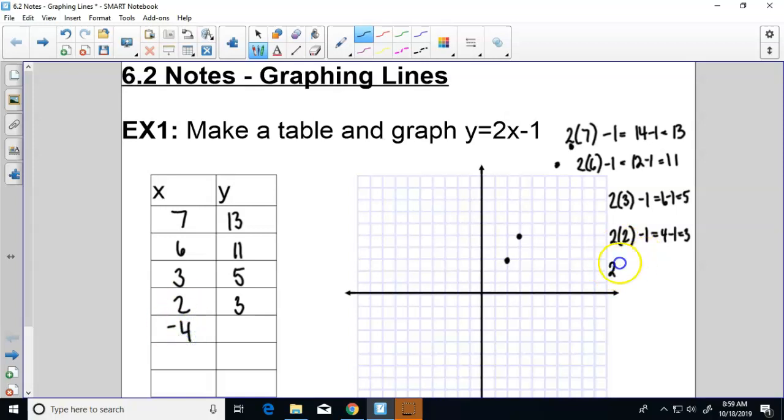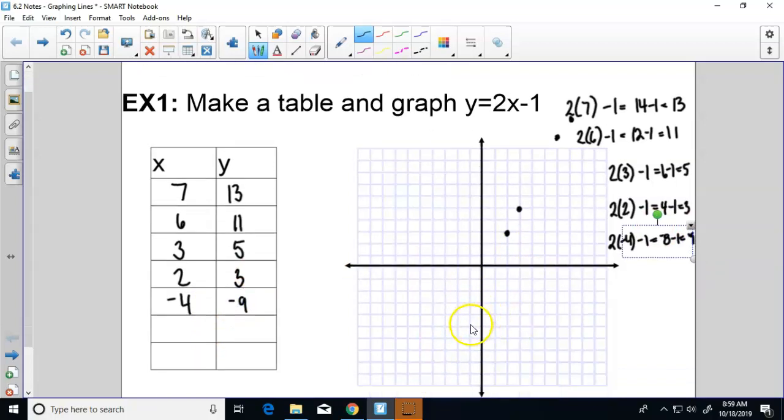So 2 times negative 4 minus 1. That would be negative 8 minus 1, which would give me negative 9. So I would graph the point negative 4, negative 9.